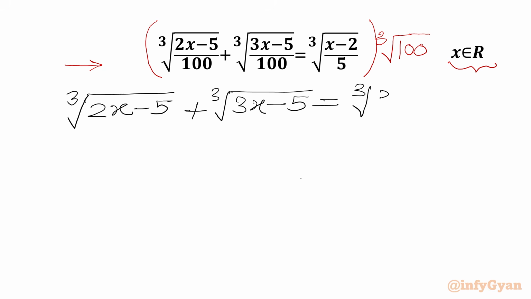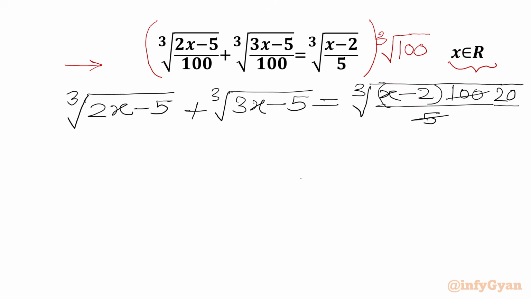We will get x minus 2 times 100 over 5. Now we can cancel numerator 100 with denominator 5. So we will get 20 here. And 20 can be factorized 4 times 5.